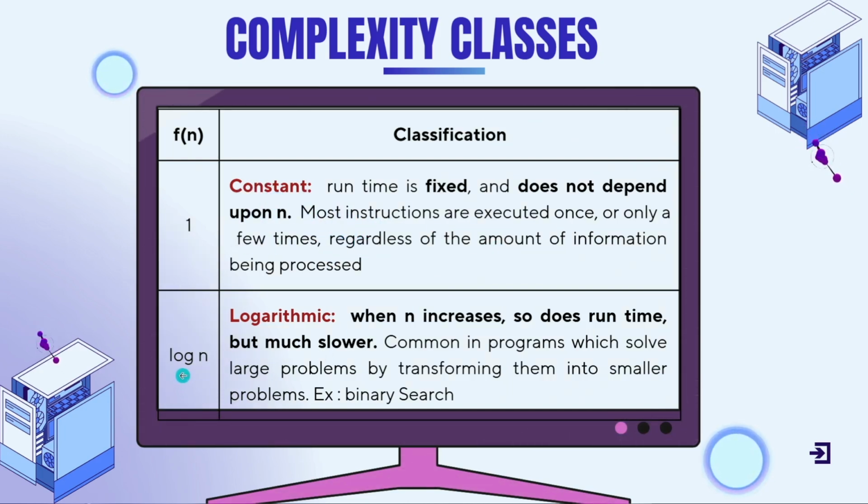The second complexity class is log n, which is the logarithmic class. Here when n increases, that is the size of input increases, the running time will also increase, but the increase is much slower. And I hope you might have learnt about binary search.